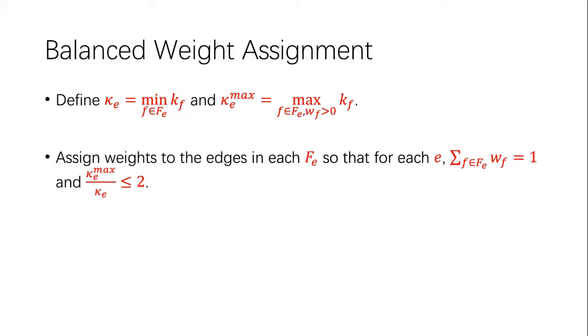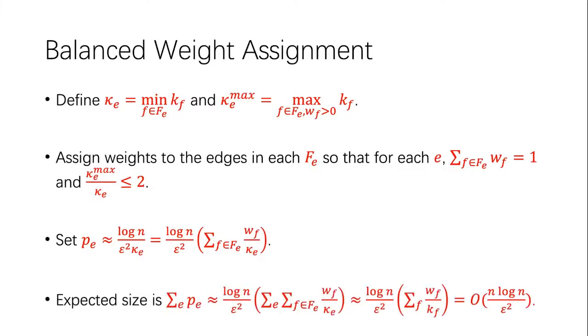And given a balanced weight assignment, we set p_e approximately log n over epsilon squared kappa e, which equals log n over epsilon squared times the sum over f in Fe of w_f over kappa e.